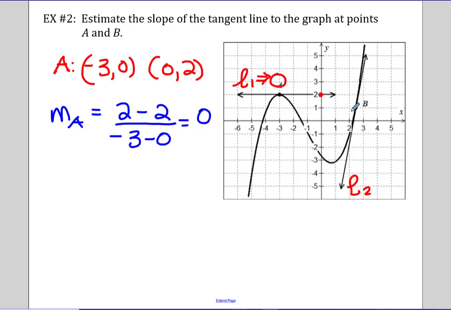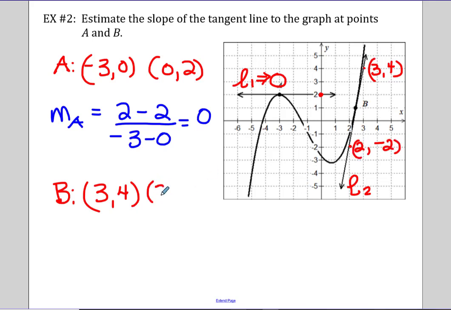But line 2, I've got this point here at point B, but I need another point. And it appears to me that the point (3, 4) is also on line 2. So if we said for line B, we had the point (3, 4), and then I'm not sure what point B is, but if we come down here, it looks like (2, -2) is also on that curve.